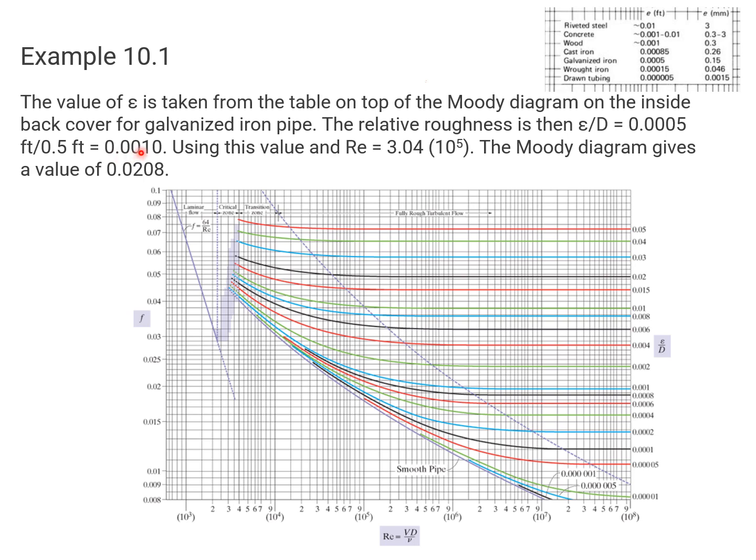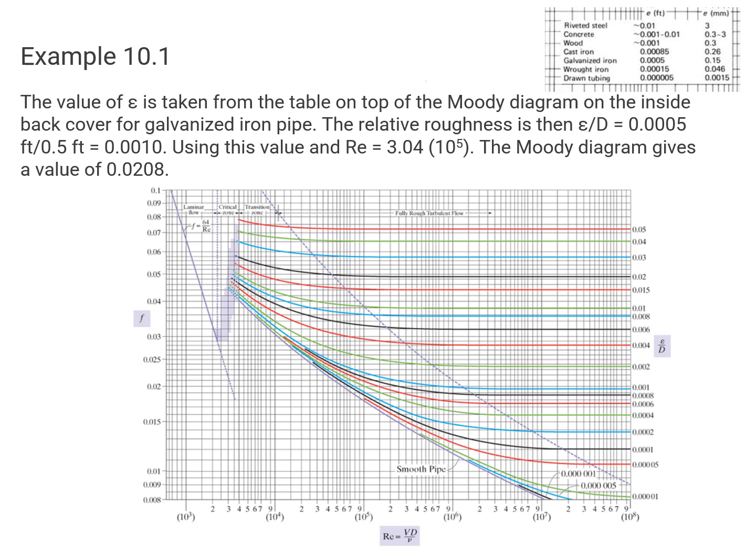We get 0.001. So using this value for the relative roughness and the Reynolds number that we calculated, 3.04 times 10 to the fifth, we can go into our Moody diagram. So here we can find epsilon over D, which is 0.0010.